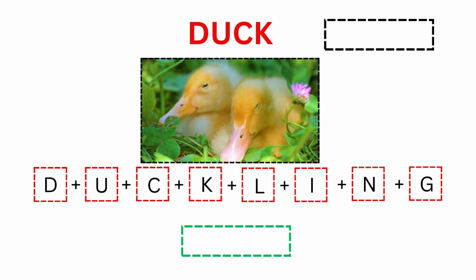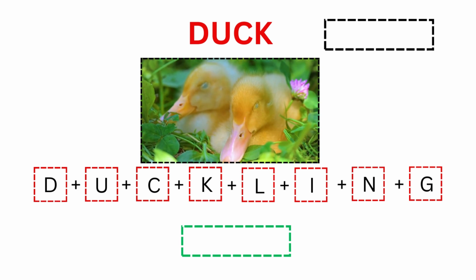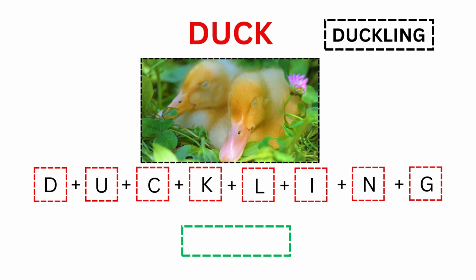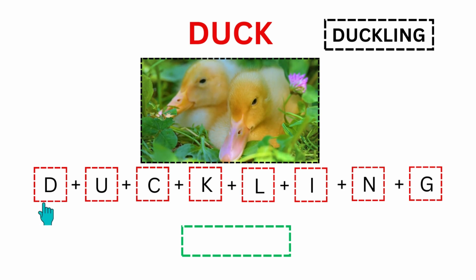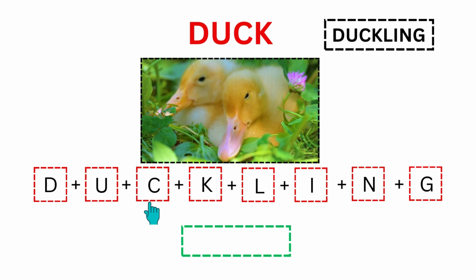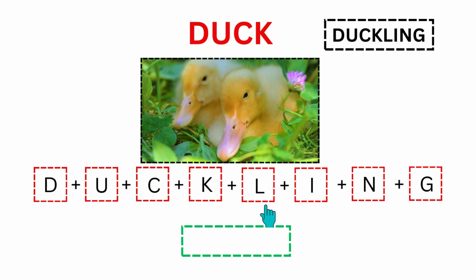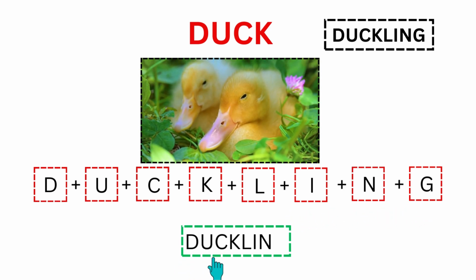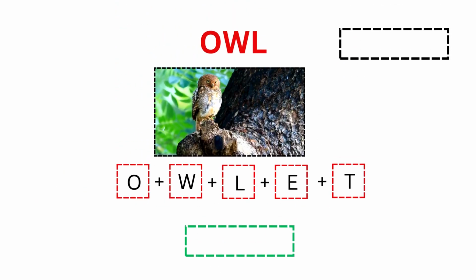A baby duck is called a duckling. duck के बच्चे को duckling कहा जाता है. DUCKLING, duckling. Number 28 is owl.